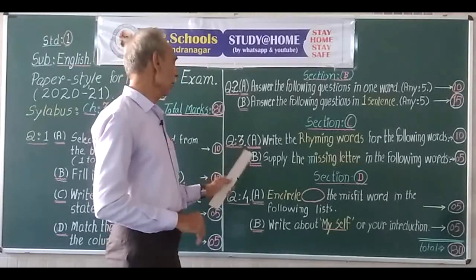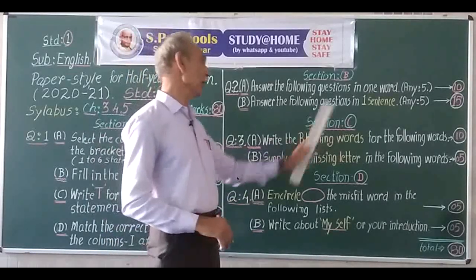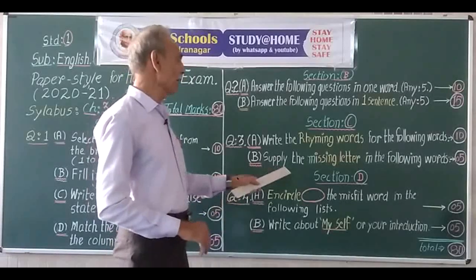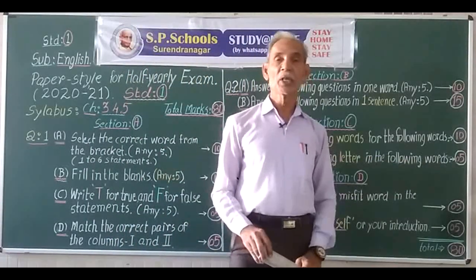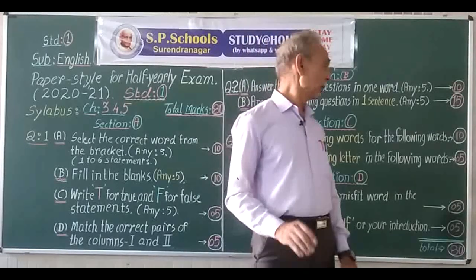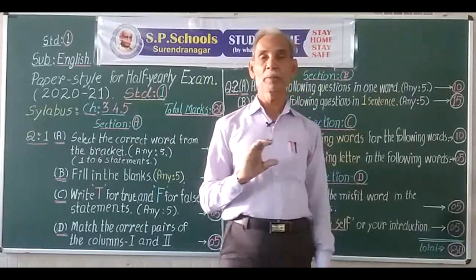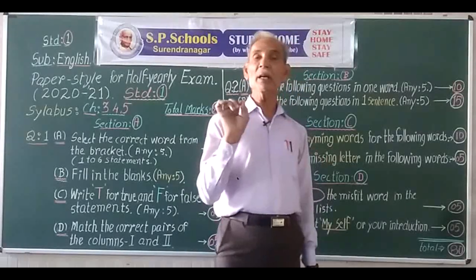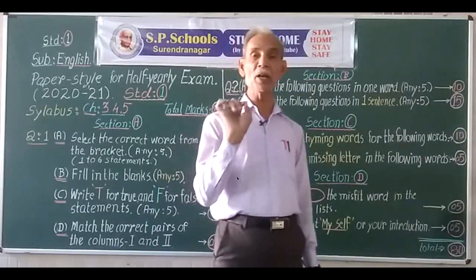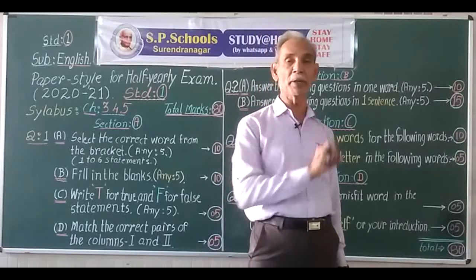Question 3B of Section C. Supply the missing letter in the following words. You will be given several words. There will be a missing letter in the spelling of the given word.